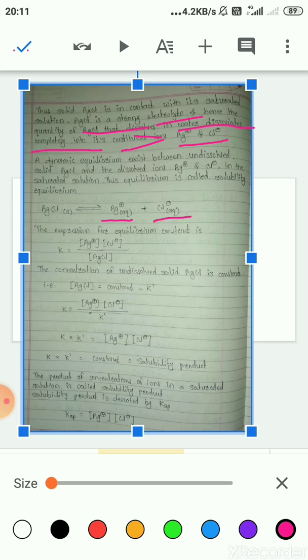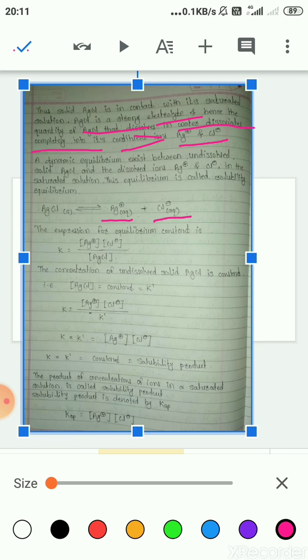So how can we define the solubility equilibrium? A dynamic equilibrium exists between the undissolved solid salt and the dissolved ions in the saturated solution. This equilibrium is called solubility equilibrium.